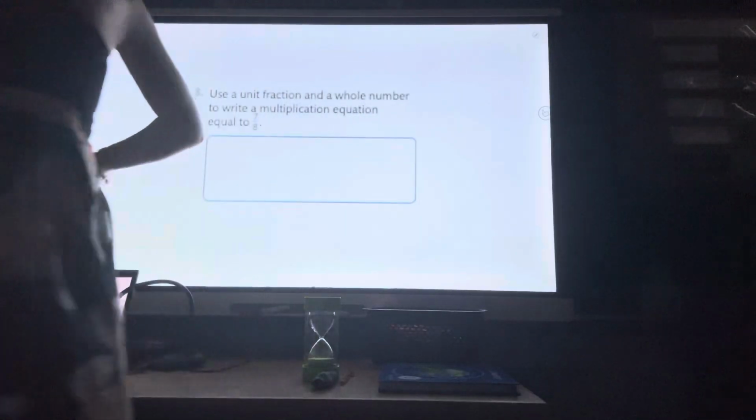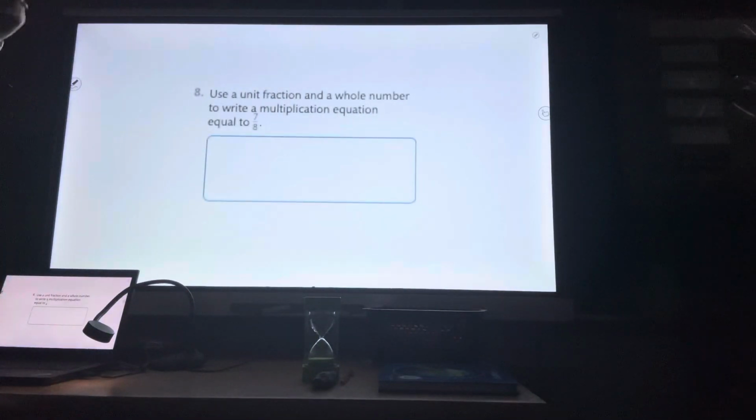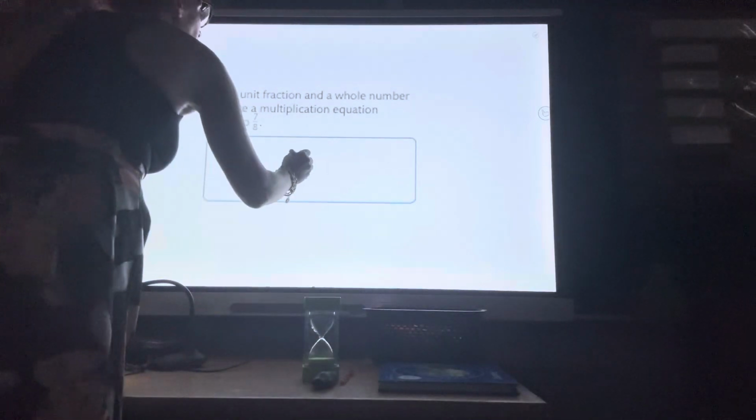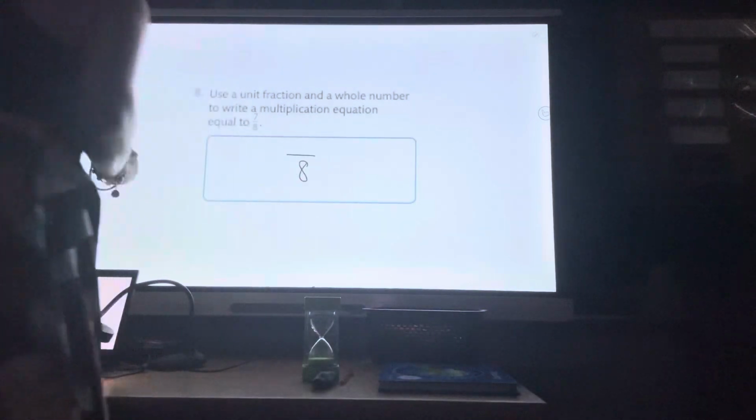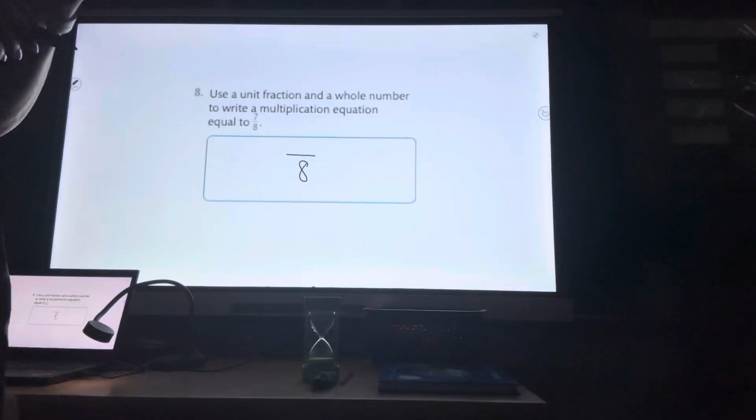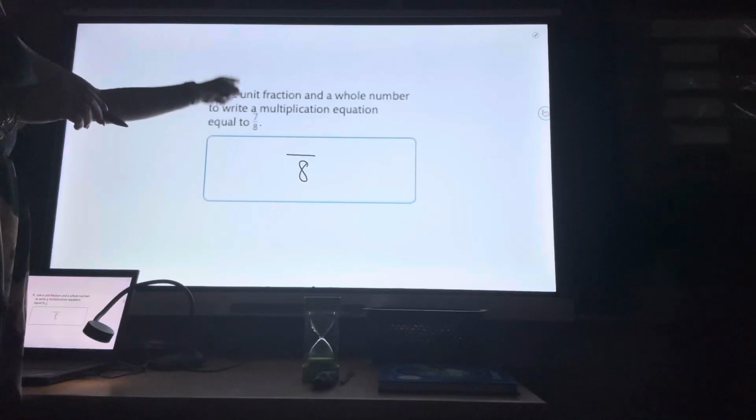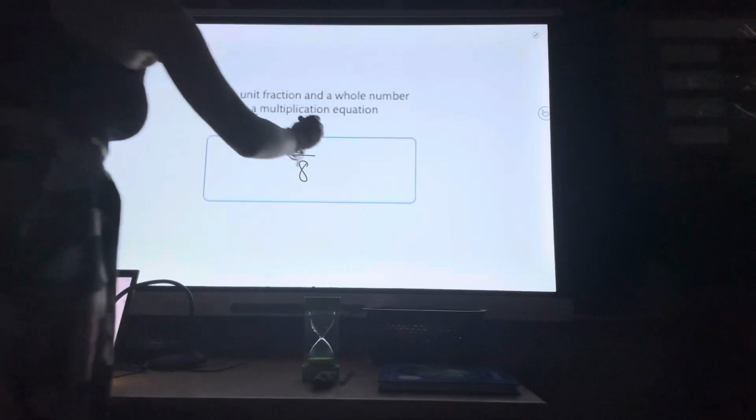Okay, this one is very specific, some more bossy math. Use a unit fraction and a whole number to write a multiplication equation equal to 7/8. So my denominator has to be an 8 because it's telling me my product is equal to 7/8.